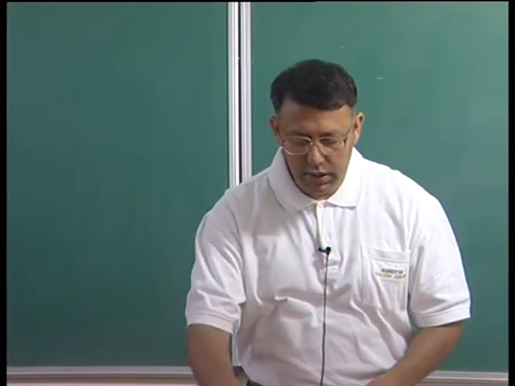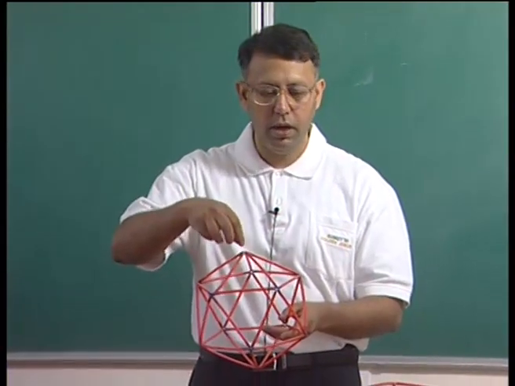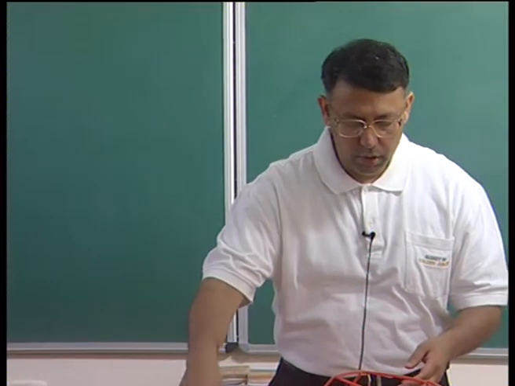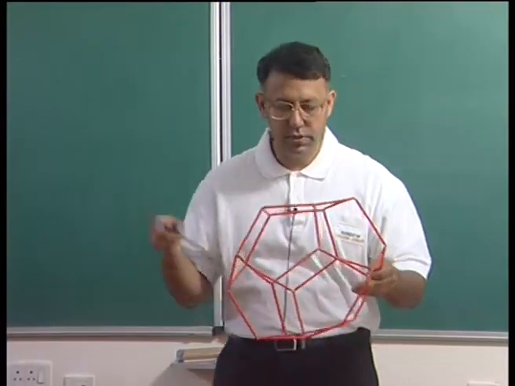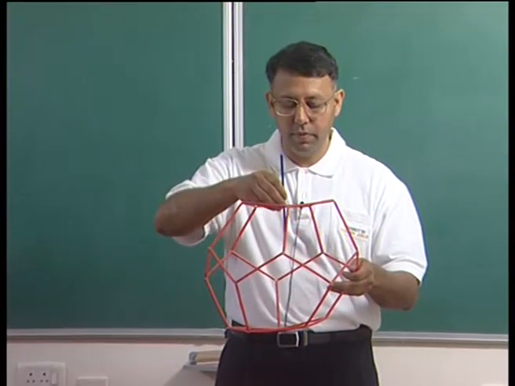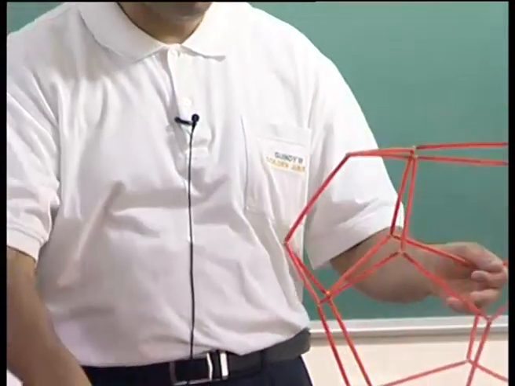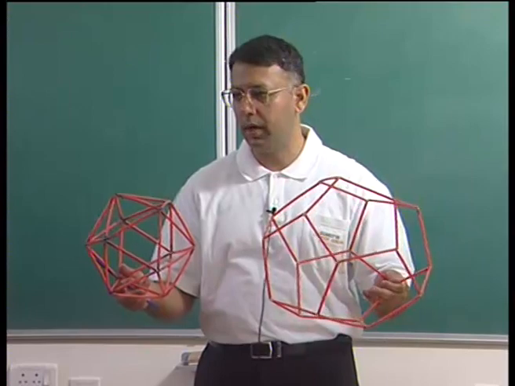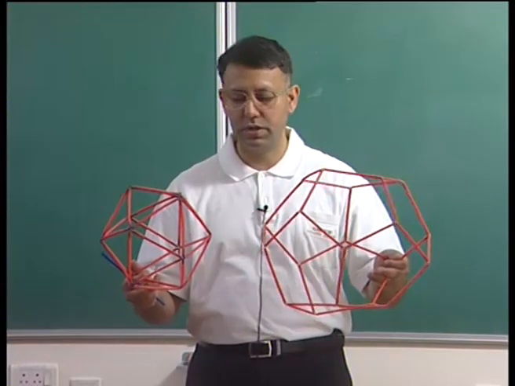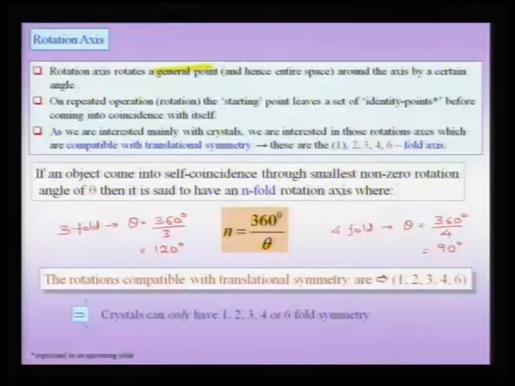On the other hand, the symmetries of the icosahedron, which has got a fivefold symmetry here, or the dodecahedron, which has also got a fivefold symmetry here. So, this pentagonal face connecting the opposite face has got a fivefold symmetry, but these two Platonic solids are not compatible with translational symmetry, and therefore, you would not find crystals having these symmetries. However, there are quasi crystals which have these kind of symmetries.